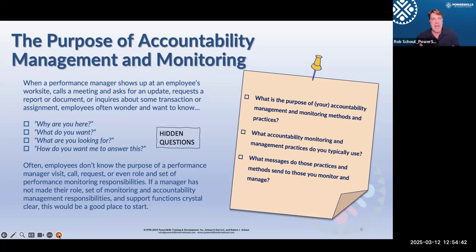So supervisors and managers always need to be clear about, here's my purpose in monitoring. Part of it's my job and my roles and responsibilities. Part of it's to support you in real time, and I can't do that unless I'm checking in or we're talking about something. Part of it is to oversee quality or flow of the whole team.